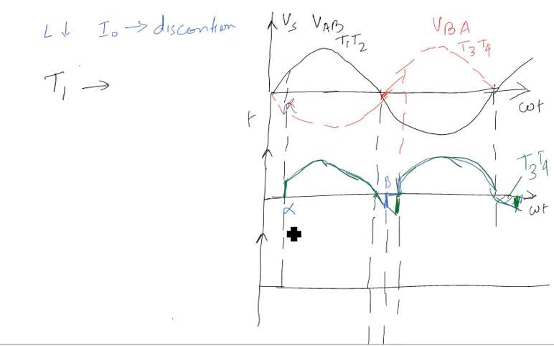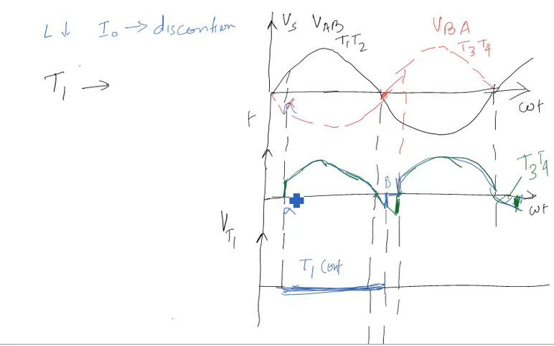So this is by VT1. Okay, VT1. During this cycle, from alpha to beta, T1 is conducting. If T1 is conducting, the output voltage will be zero, definitely, right?